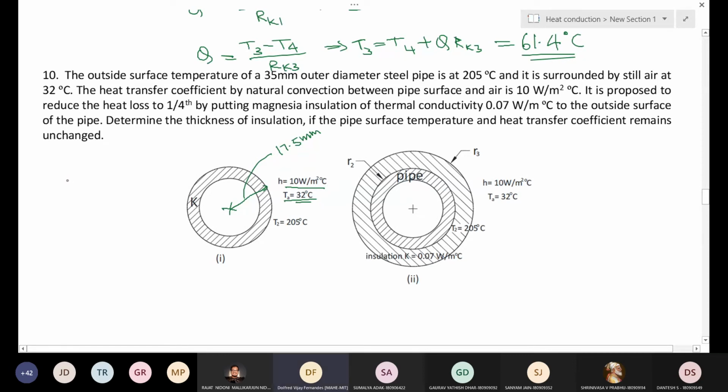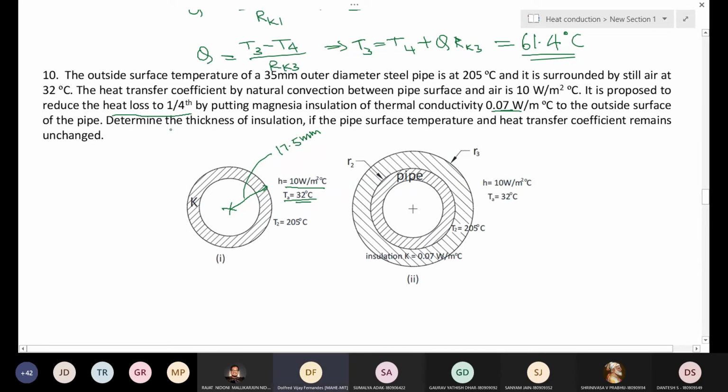It is proposed to reduce the heat loss by 1/4, that means we have to prevent almost 75% of the heat loss by putting magnesia insulation of thermal conductivity, a very small value, 0.07 watt per meter degree centigrade, to the outside surface of the pipe.